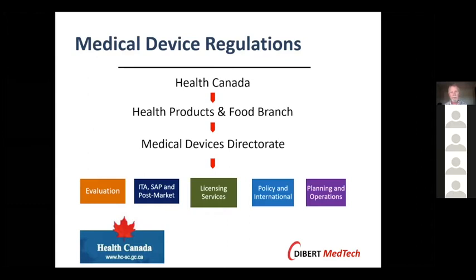Before, it was a bureau under the Therapeutics Directorate, which meant that drugs ruled, but they recently made it its own directorate. And you see the departments that are underneath that directorate. This is just the Health Canada website. So that's the directorate. They're the ones responsible for reviewing and authorizing medical devices for the market in Canada.